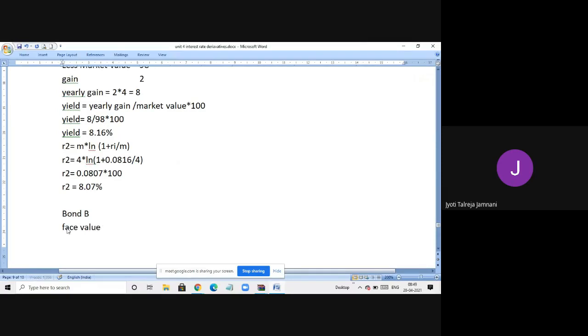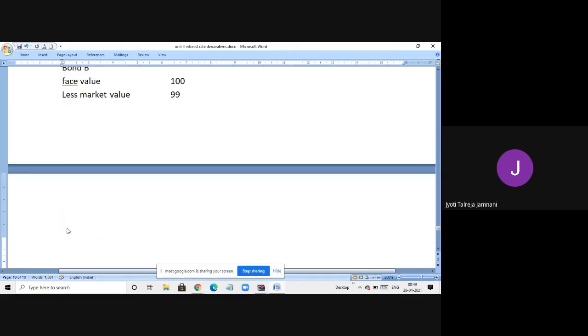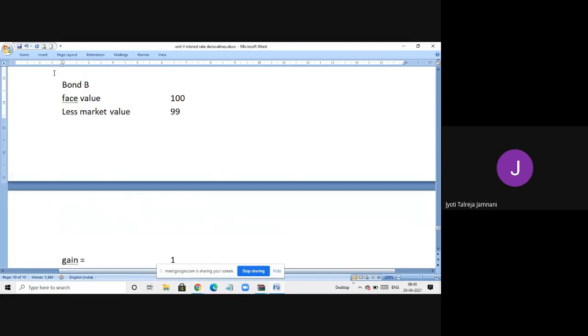Face value of bond B is 100 less market value 99. So the gain is 1 rupee. Now this gain is half yearly because the time for bond B is 0.5 years. So in half a year he will gain 1 rupee.